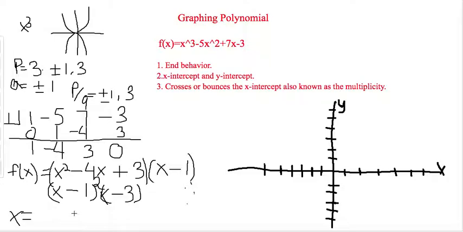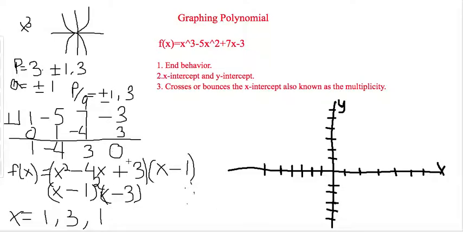So our x-intercept is 1, but we have two 1s, and positive 3. We should have a total of 3 answers, which we do. This form is really important because it will determine our multiplicity, and this will determine if it bounces or crosses. So let's start graphing.